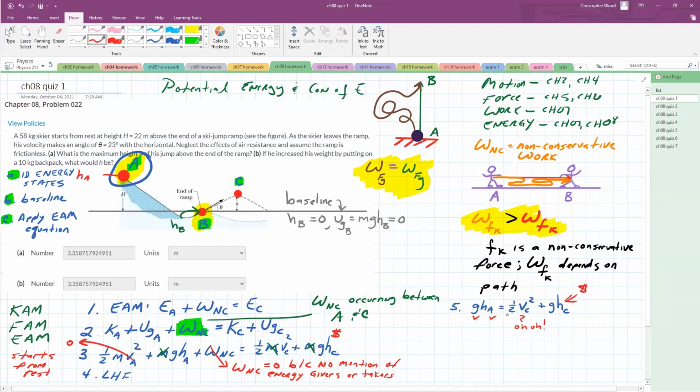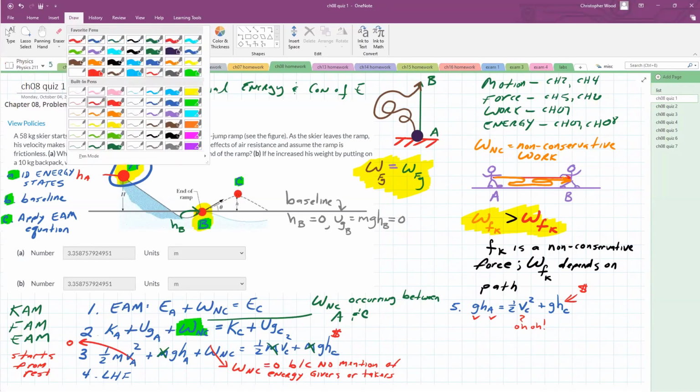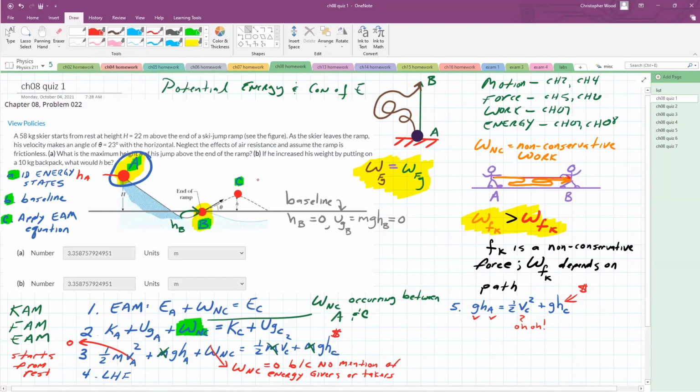That's not my launch velocity, it's my velocity at C. When this skier is at point C, ready, set, go, this is the velocity, v_C. v_C is purely x velocity at point C. v_y equals 0 because I'm at the very top of this trajectory.